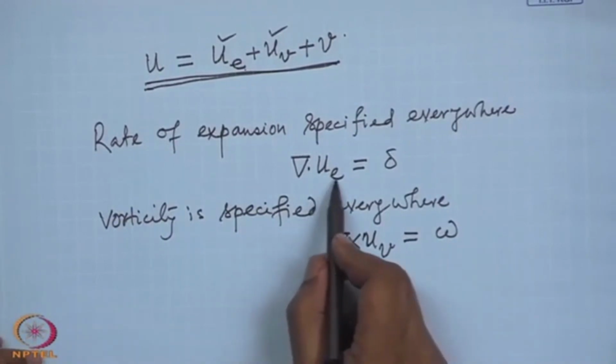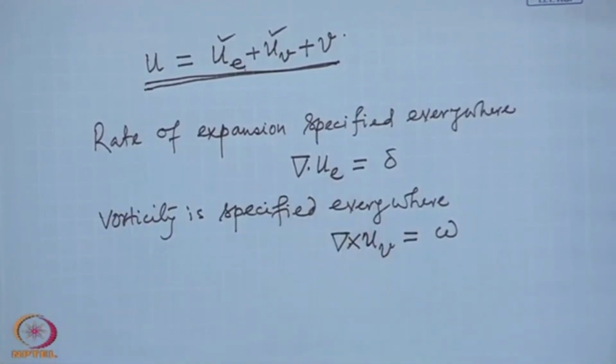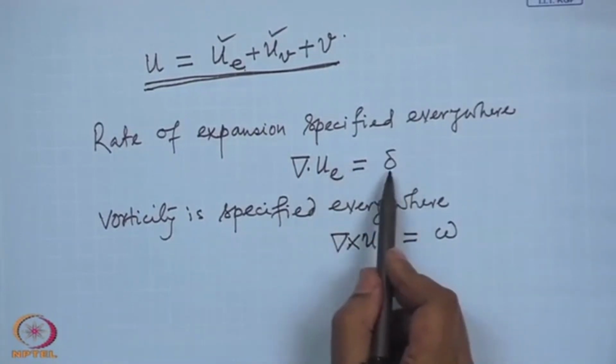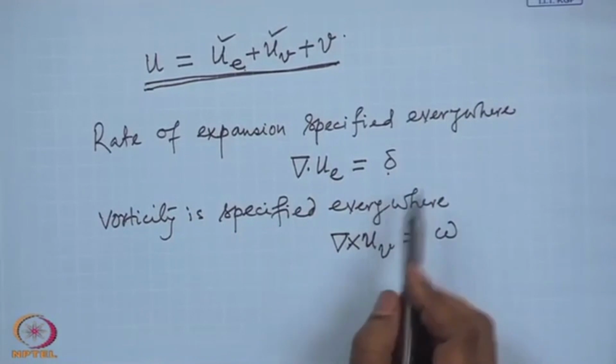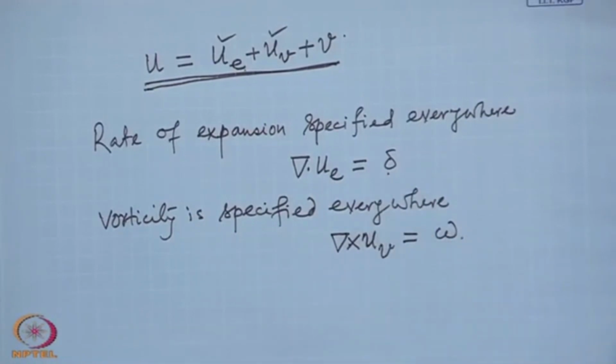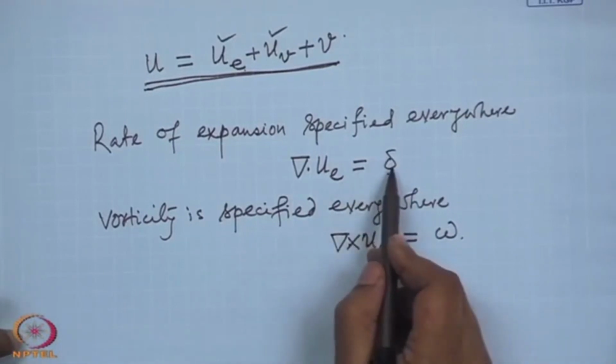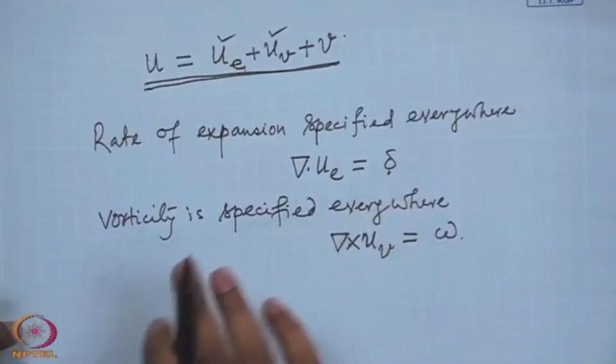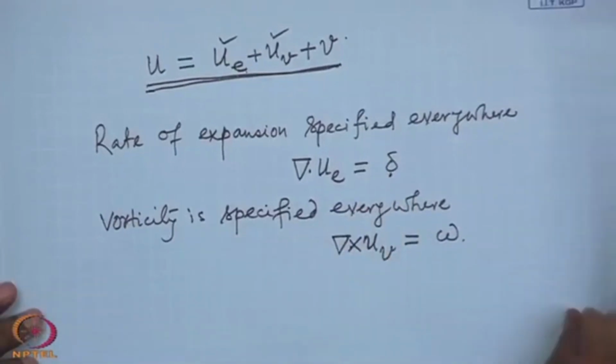Now, we would like to see what are these velocity fields, what type of velocity field we will have, so that the rate of expansion is delta everywhere and vorticity is omega everywhere. First of all, consider that only the rate of expansion is specified, but the velocity field is such that the rate of expansion is everywhere delta, but the vorticity is 0 everywhere.